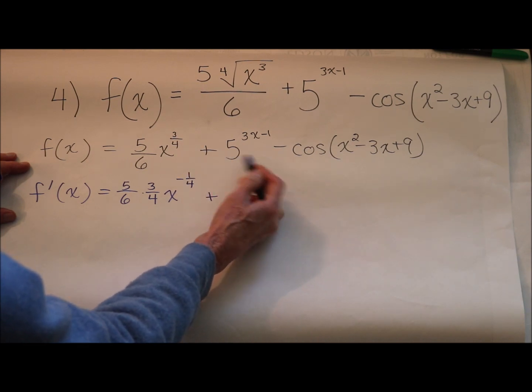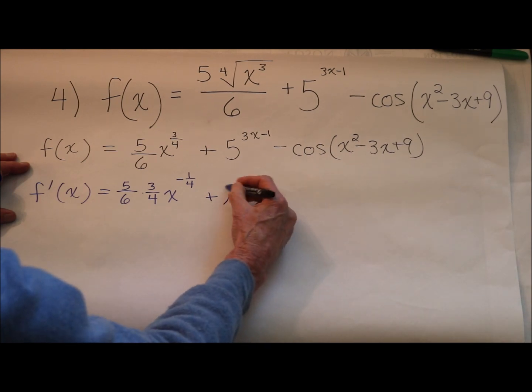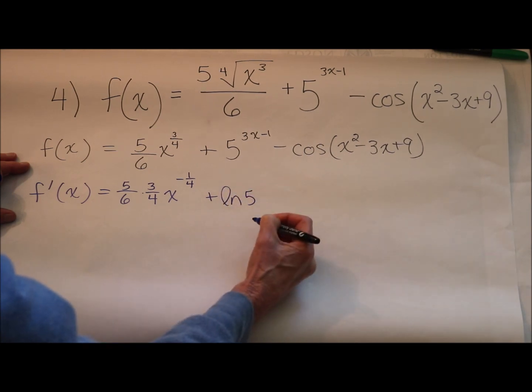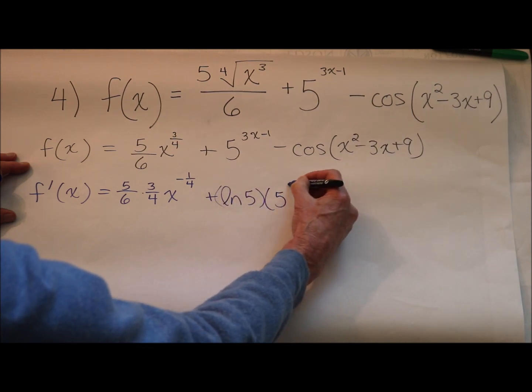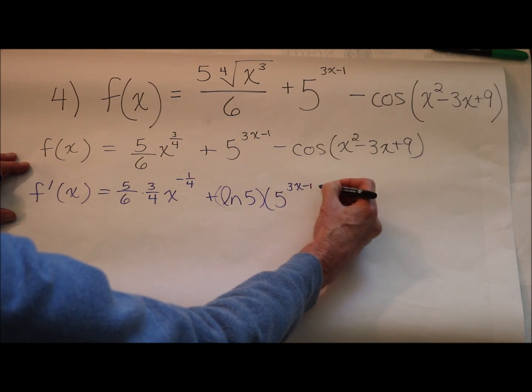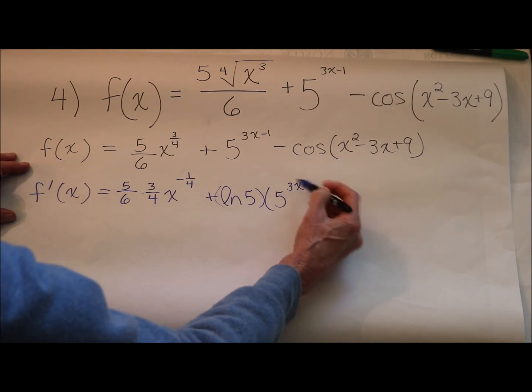This is an exponential term, so I have to use my exponential rule for derivatives. So it's the natural log of the base times that as it is, times the chain rule, times the derivative of the inside, which is the exponent.